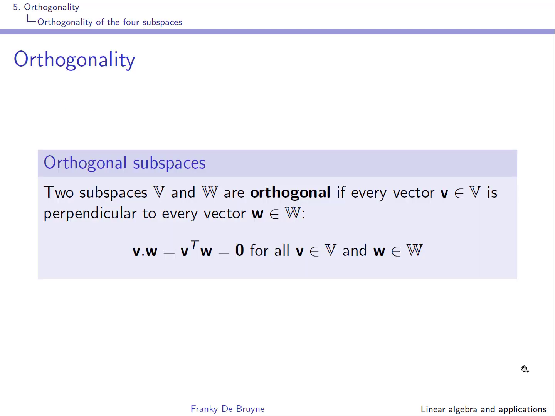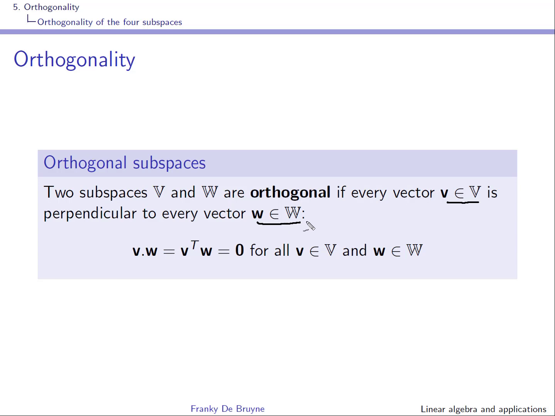Well, we can talk about orthogonal subspaces when the two subspaces are such that every vector that is in the first subspace is orthogonal or perpendicular to every vector in the other subspace.